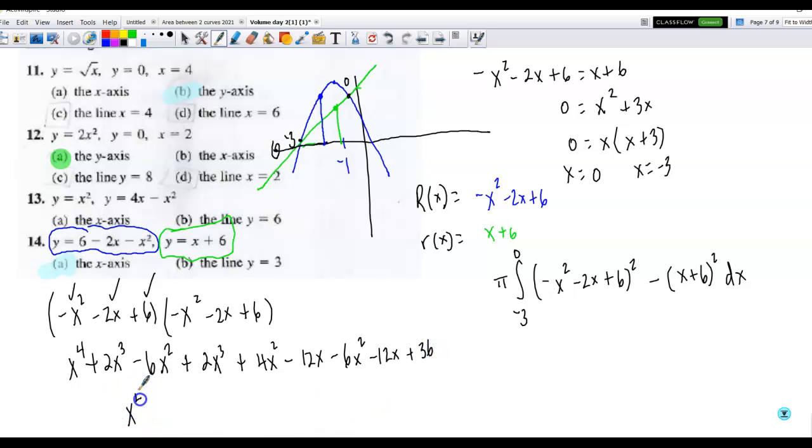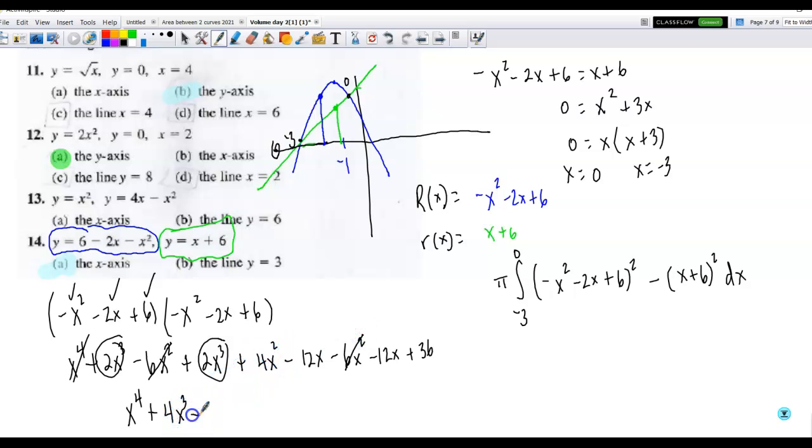All right, let's combine like terms. I have an x to the 4th, so that's gone. I have a positive 2x cubed and a positive 2x cubed to give me 4x cubed. Let's see. I have a negative 6x squared. Negative 6x squared gives me negative 12x squared.